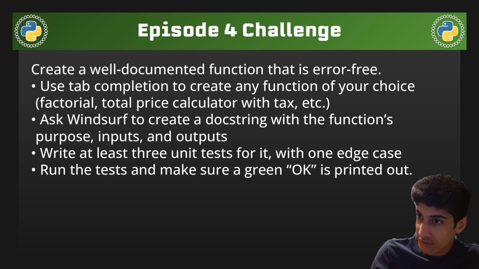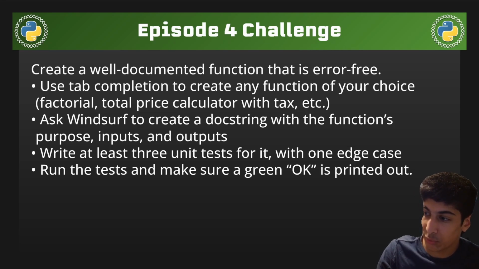It just has to have enough complex logic to warrant a docstring, and 3 unit tests for it with 1 edge case, and you have to make sure that the unit tests all work successfully and a green OK is printed out afterwards.